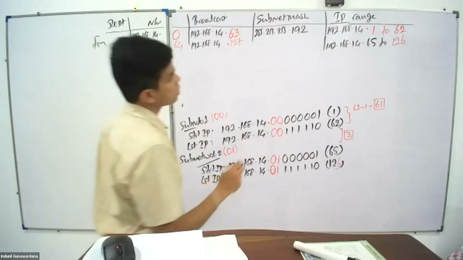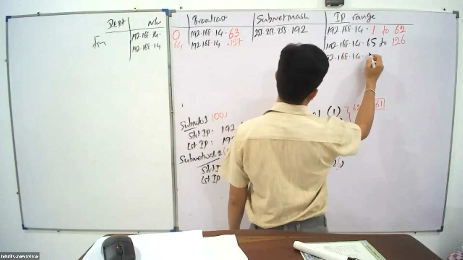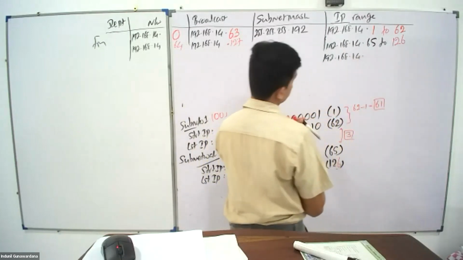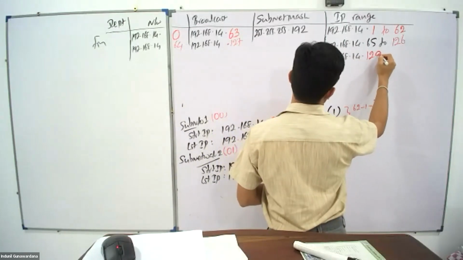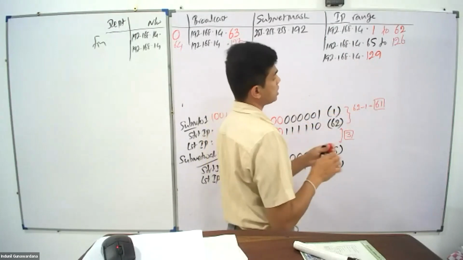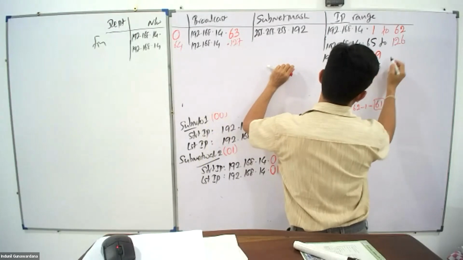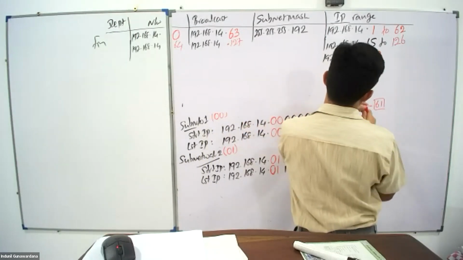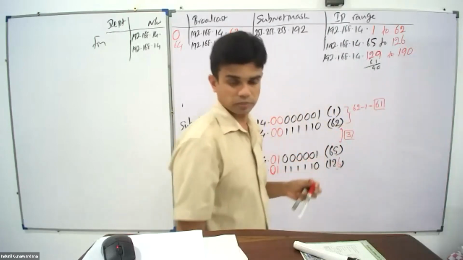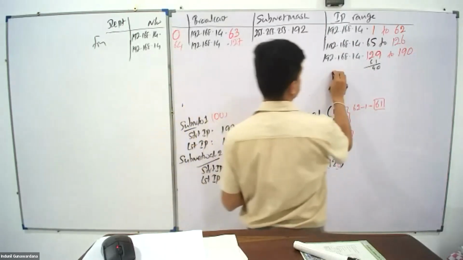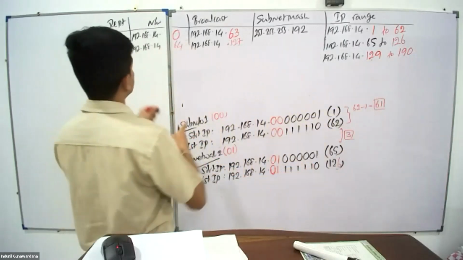Right. Next is going to be 3 added to this. 192.168.14. 3 adding to this will be 129. Right. And then the difference is 61. When you add 61 to this, what's the answer? 190.